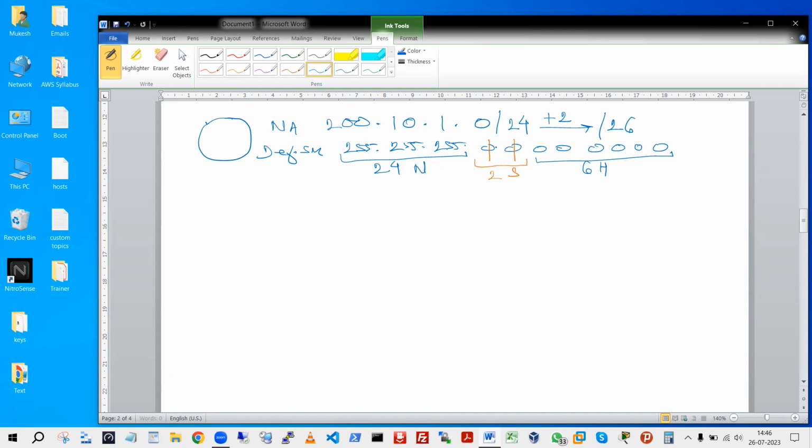11000000 को अगर हम कन्वर्ट करें मतलब 192. Yes. So if you change a mask value to 192 like this, right? And this mask, write it again. 255.255.255.